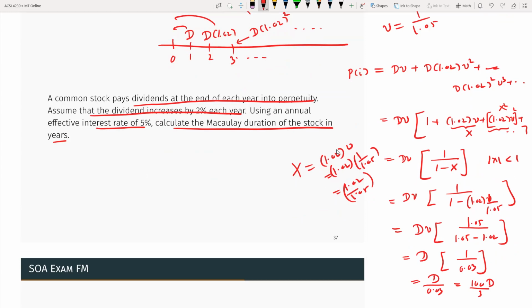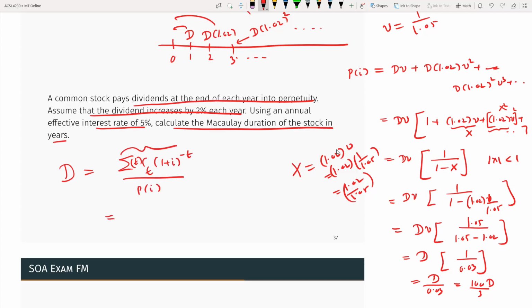Okay. So that's the price. Then when you're calculating the macaulay duration, you have to calculate this quantity, which is basically the sum of t times C_t times (1 plus i) to the negative t, over the price. So let's calculate this quantity.